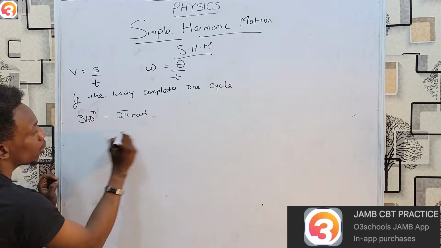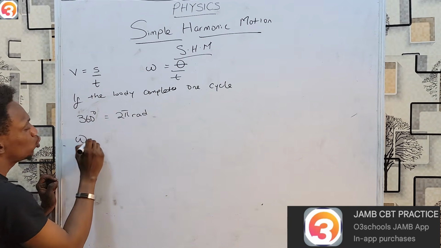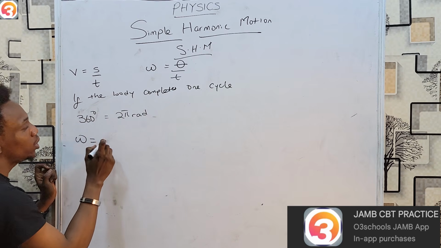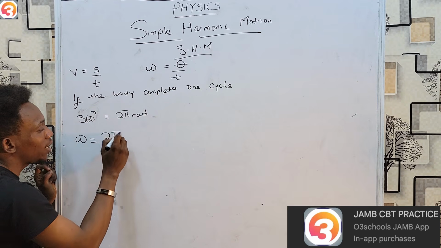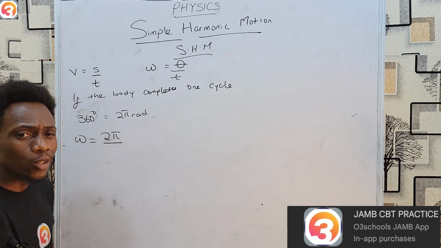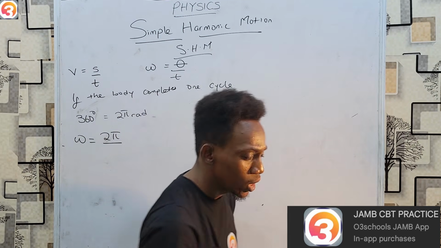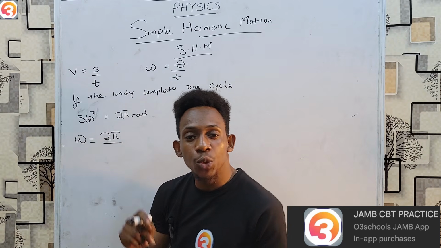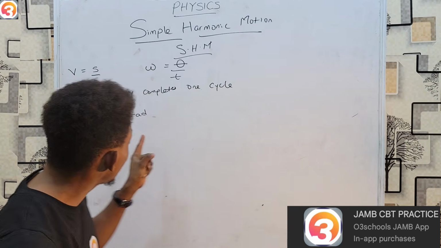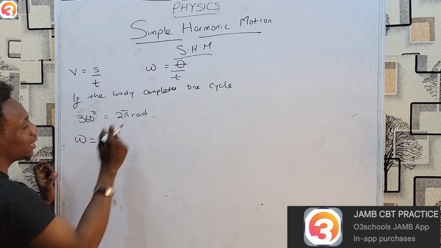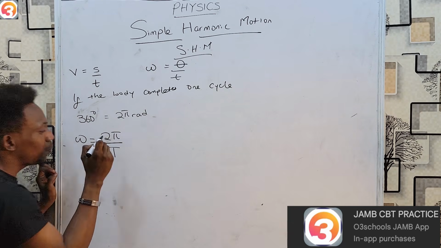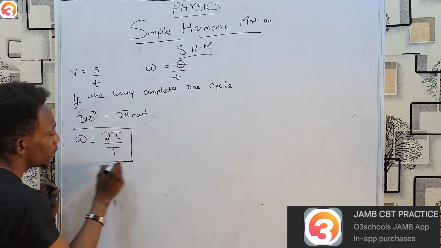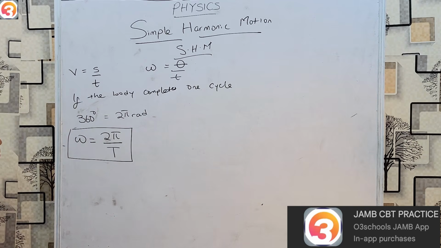Therefore, I can see that my angular velocity will be equal to, like we said, it's completing one cycle. In one cycle, the angle is 2 pi in radians. And how long does it take to complete one cycle? If you remember the parameters we said, period is the time taken to complete one cycle. And if one cycle is getting completed, then my time must be equal to the period. And this gives us a very important formula that we shall use.